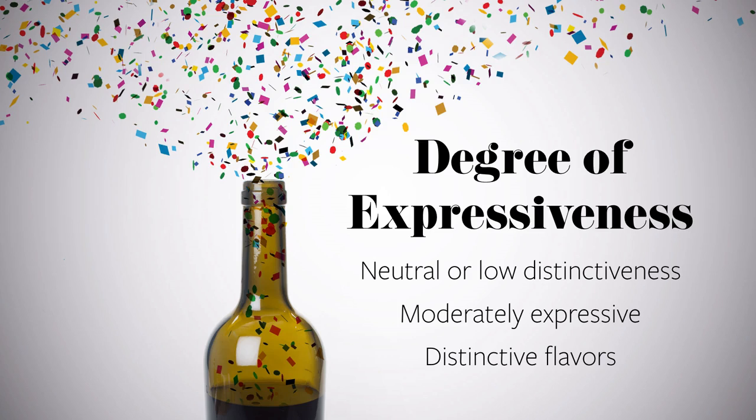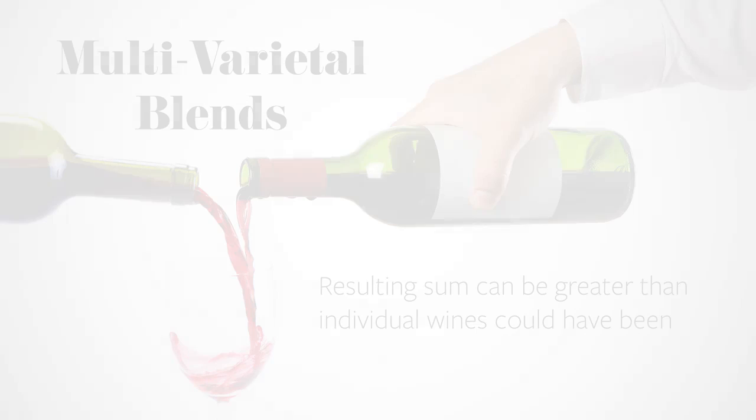We have others that are moderately expressive and reasonably easy to differentiate. And we have still others which are considered distinctive, in other words, having easily recognizable flavor components that almost no matter where they are grown in the world, they can be easily distinguished by us as tasters.